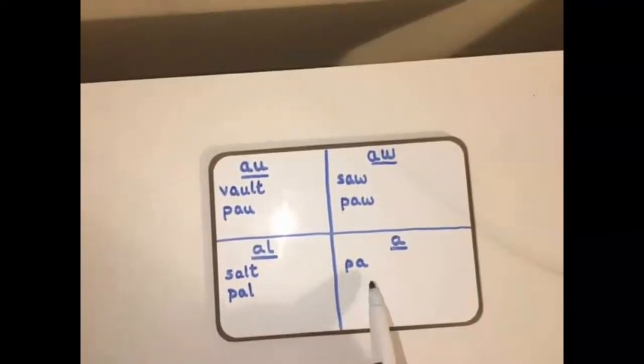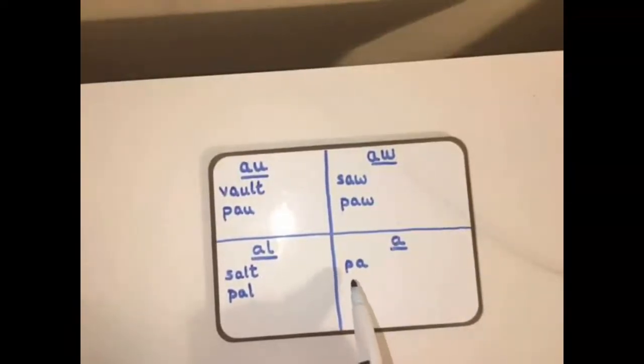And then what does this say? Pa. You sometimes hear people talk about their parents as ma and pa, particularly in older stories. So this is the word pa. It's not paw. Little tiny difference, right? Paw, pa.